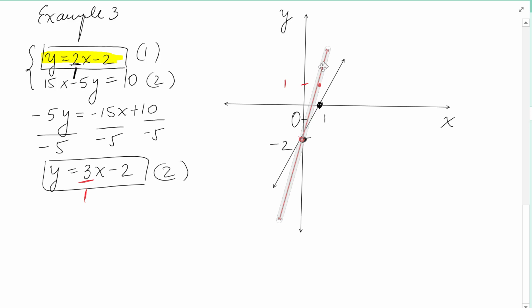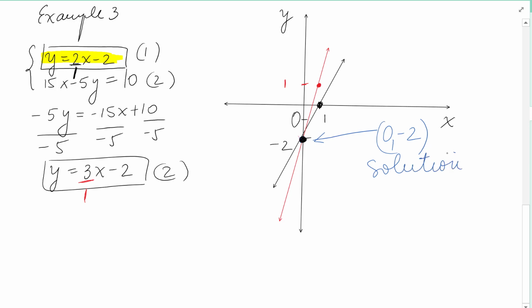we notice that the 2 lines, the red line and the black line, intersect here at this point. Well, maybe it's not that clear. Again, be very attentive to how you get the numbers. And that point has coordinate 0, negative 2, which is the solution of the system.